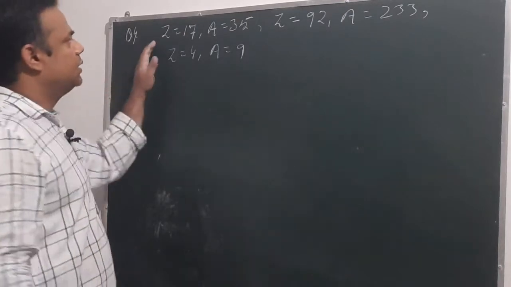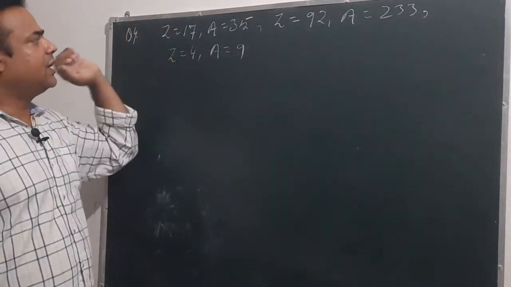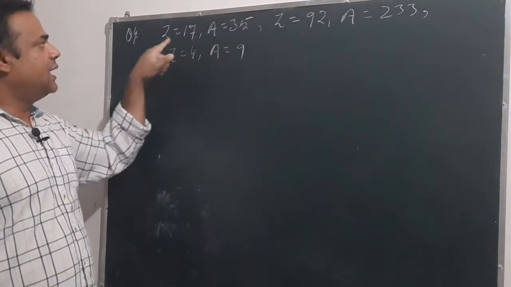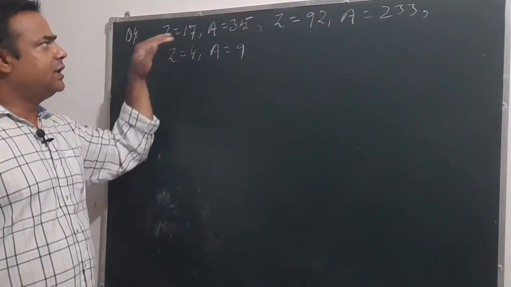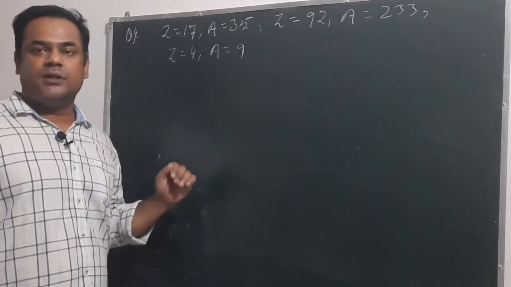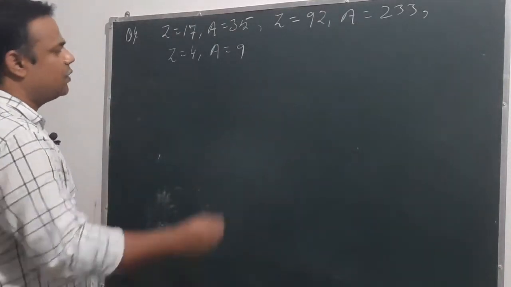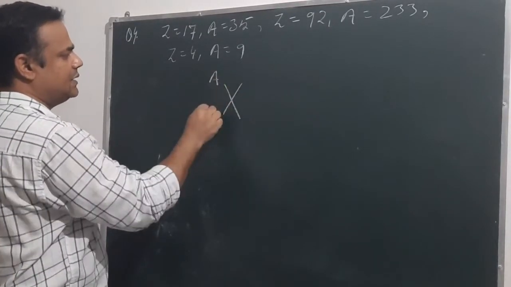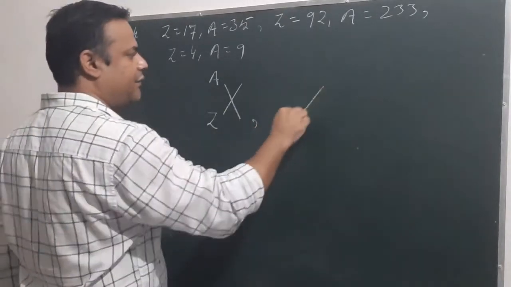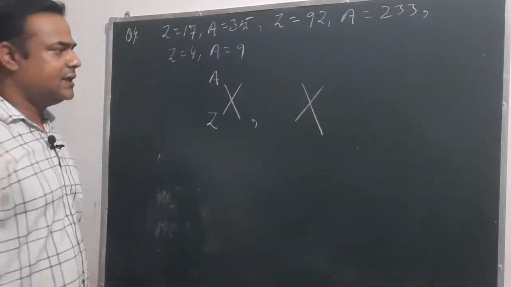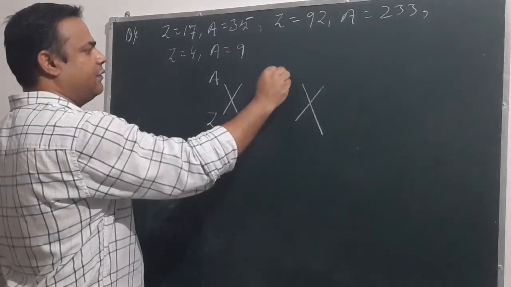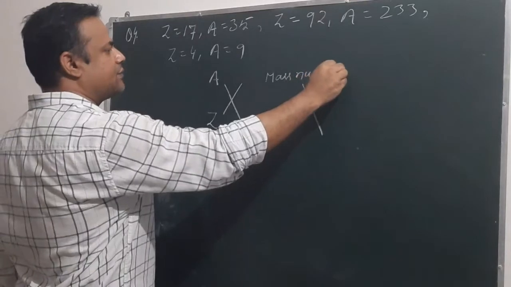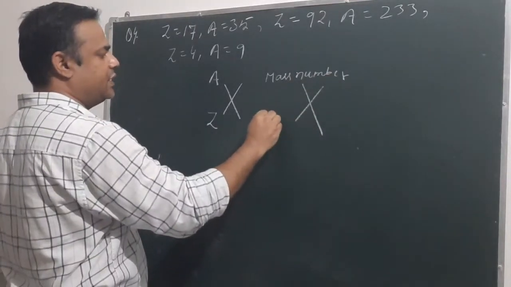In question number 1, we are given atomic number and mass number. Here A is mass number and Z is atomic number, and with the help of this information we have to write the symbol of any element. For the symbol, the general formula is that any element is expressed as above: in the upper position on the left side we write mass number, and in the lower position we write atomic number.